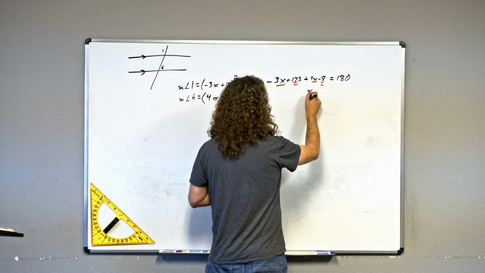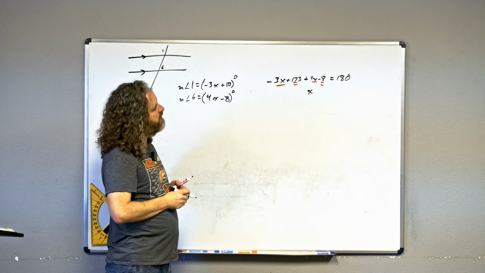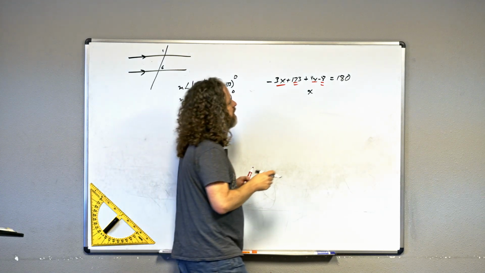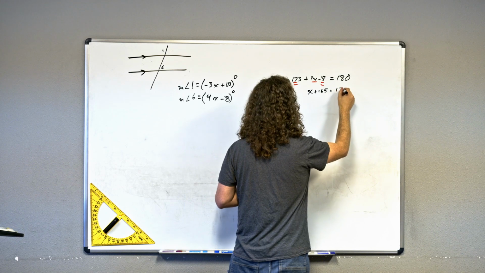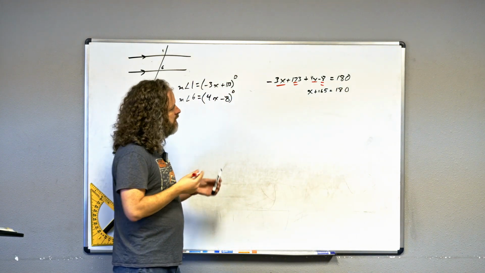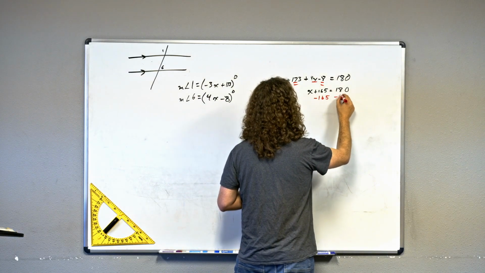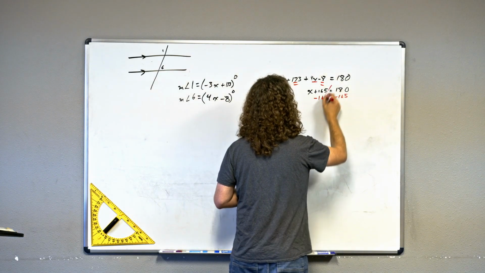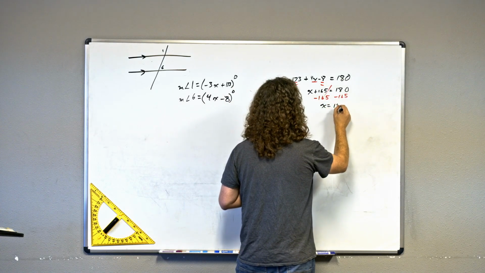And then 173 plus negative 8 is what? 165. Now what? We subtract 165 from both sides. So x equals 15.